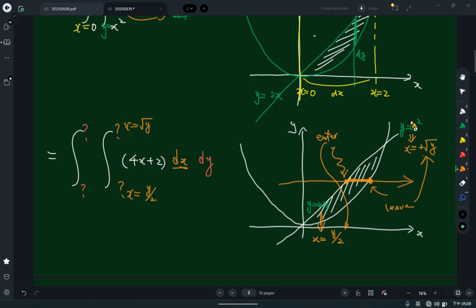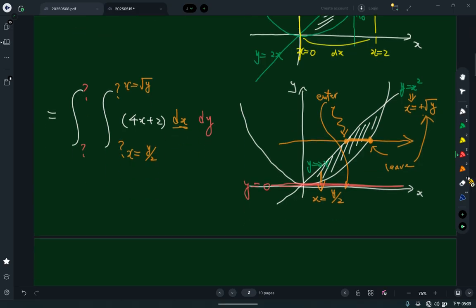After that, we know this portion. Then we need to start to collect from here, here, here, right? So we need to know here. Originally, this is y is equal to 0.